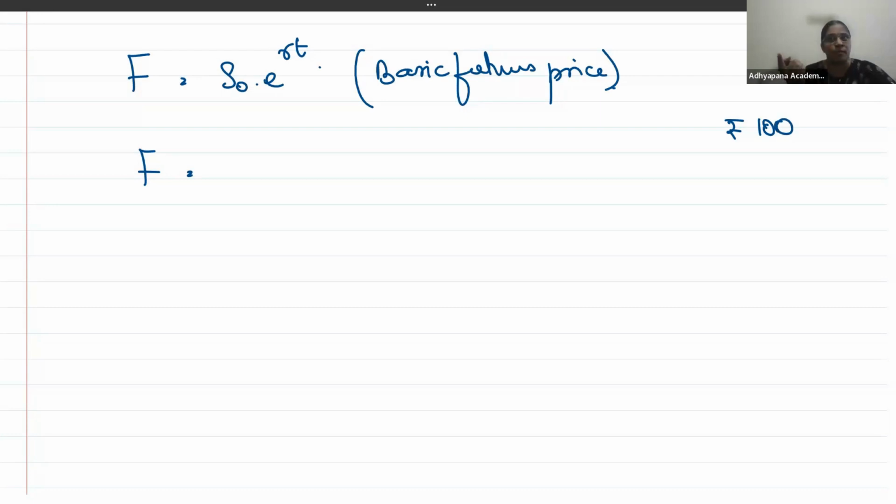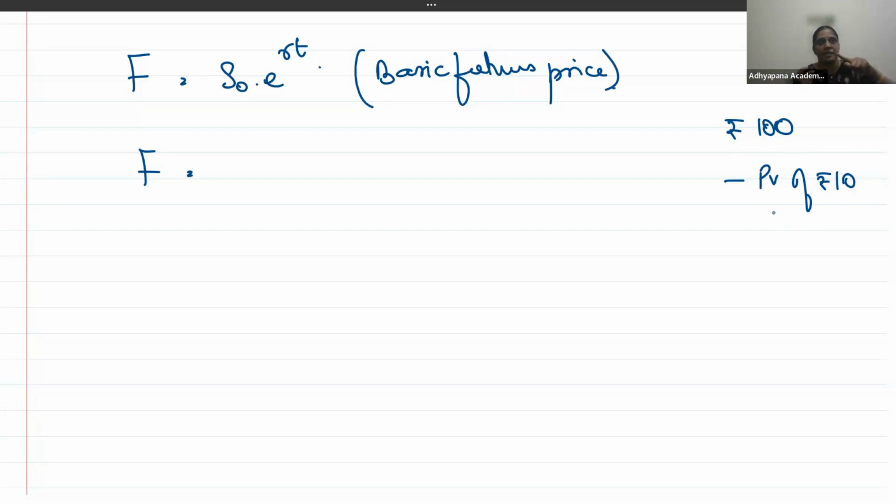But that 10 rupees, are you receiving now or 2 months later? 2 months later, which means should I subtract the present value of rupees 10? I have spent 100 rupees today. 2 months later, I am receiving 10 rupees.